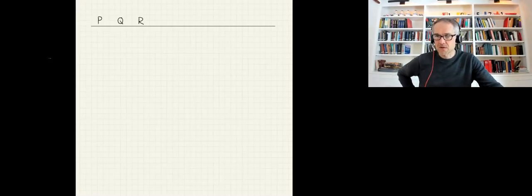We assume that each one can be true and each one can be false. For notational simplicity, I will use the number 1 for true and the number 0 for false. So P could be true, 1, or false, 0. Q could be 1 or 0. R could be 1 or 0.